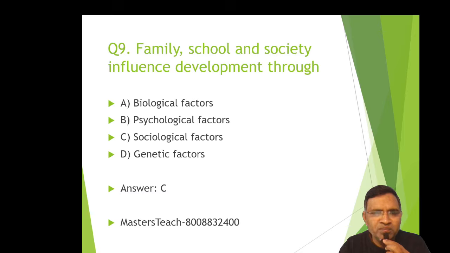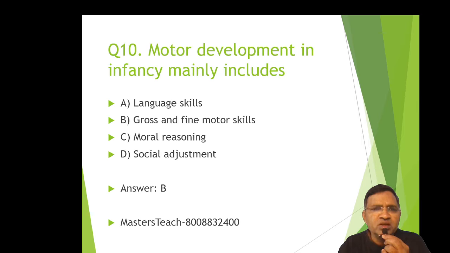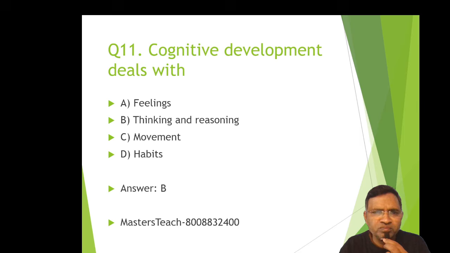It is a miniature society, so that is called C, sociological factors. 10th one, motor development in infancy mainly includes A, language skill, B, gross and fine motor, C, moral reasoning, D, social adjustment. The answer is gross and fine motor skill.